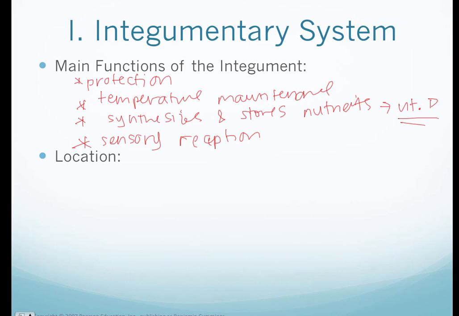And then finally, we can have secretion and excretion. So you can sweat, you can secrete some oil. And then finally, another function of the integumentary system is that it's elastic. And so if we pull and tug at our skin, it can still hold its place. Now, where do we find the integumentary system?